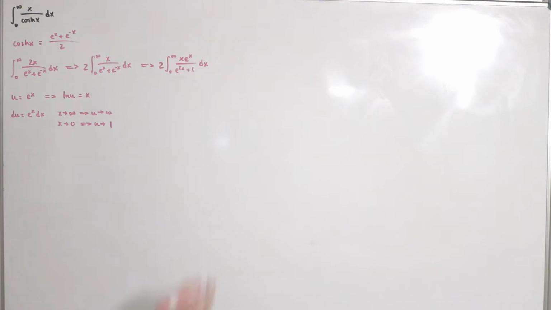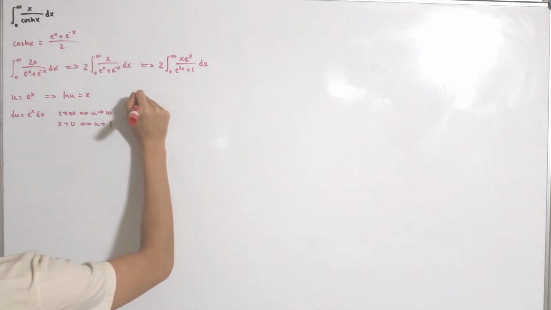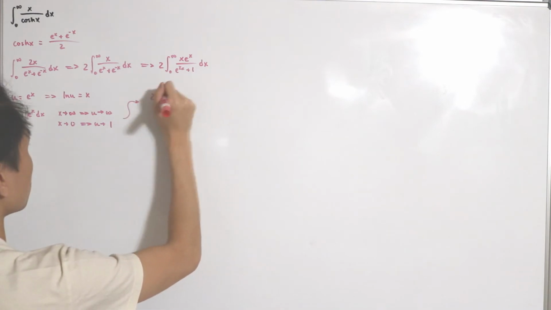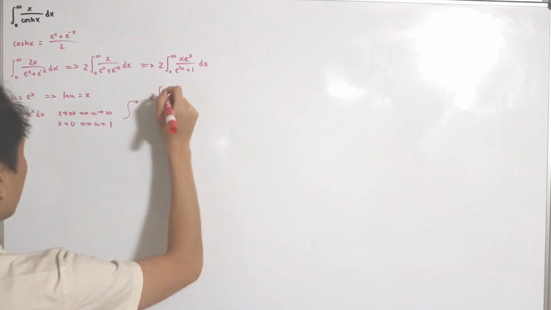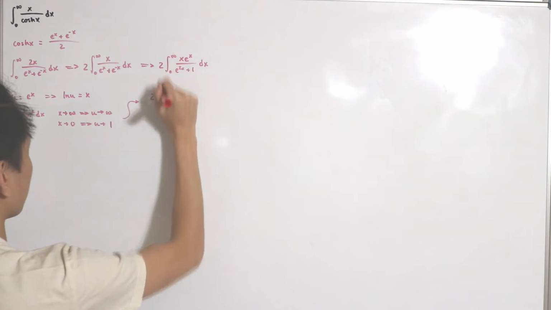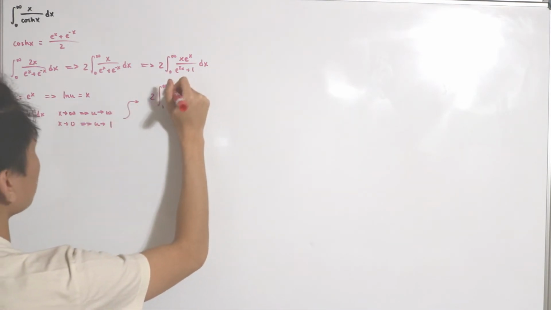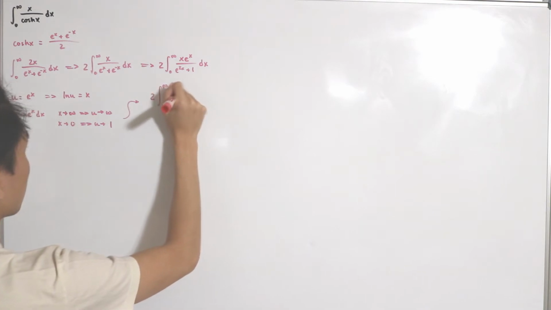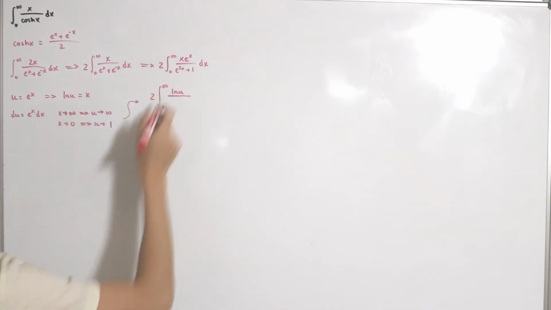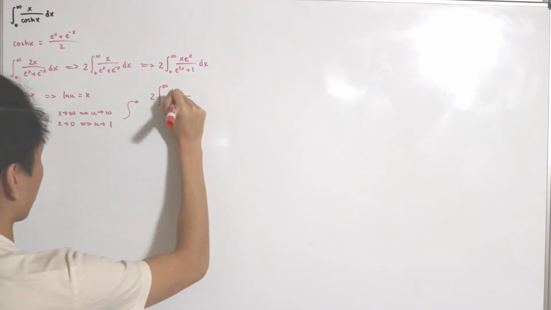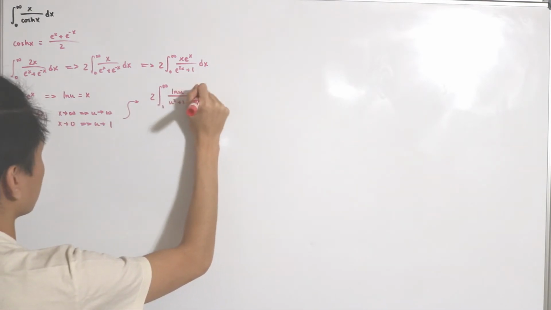Now let's plug everything back together with our substitution. Then we have 2 times the integral from 1 to infinity, x is ln of u, and e to the x dx will cancel, and e to the 2x in terms of u will just be u squared, then plus 1, du.